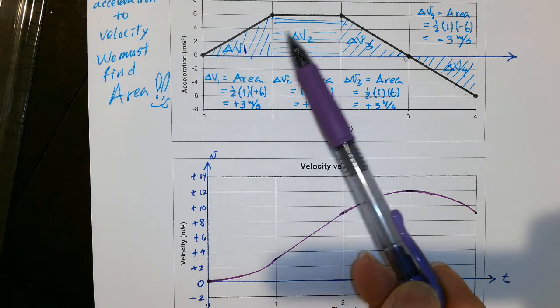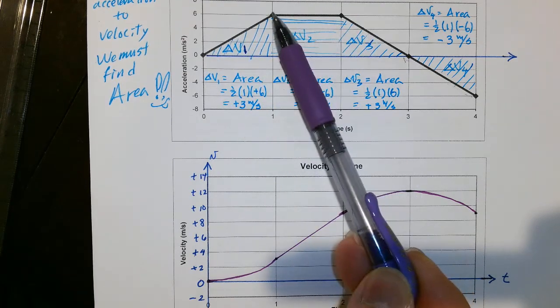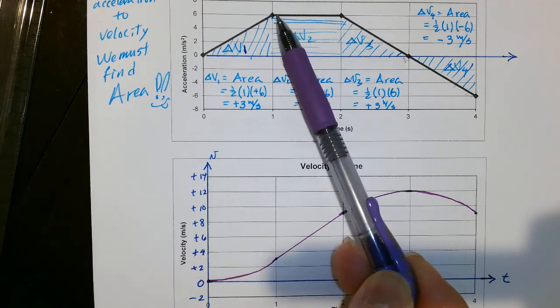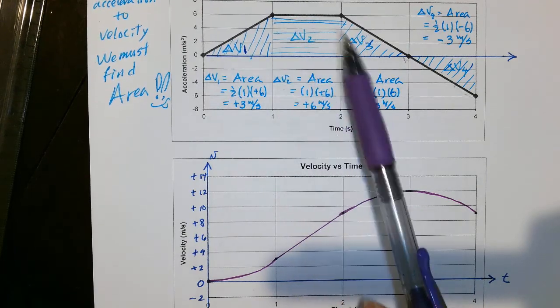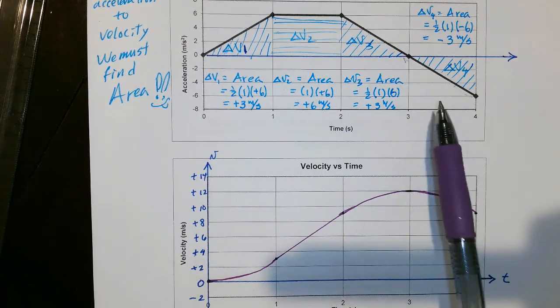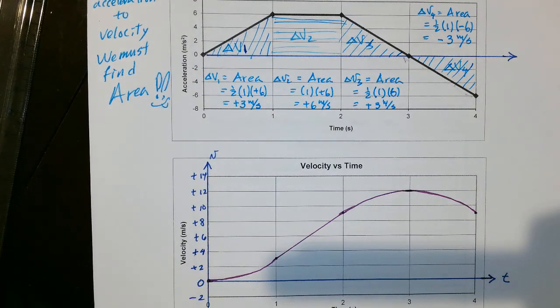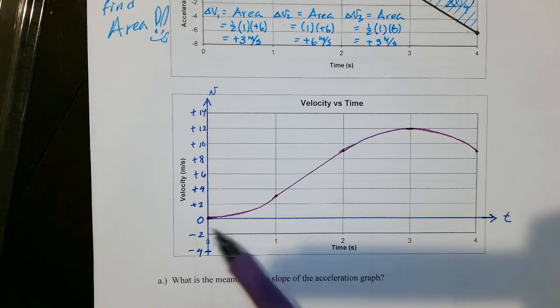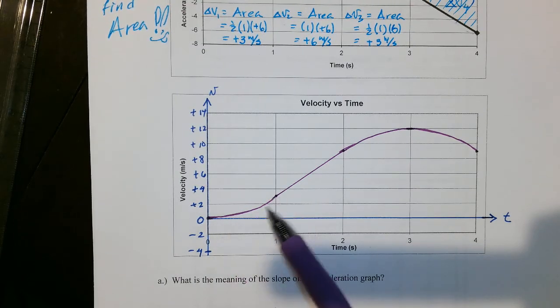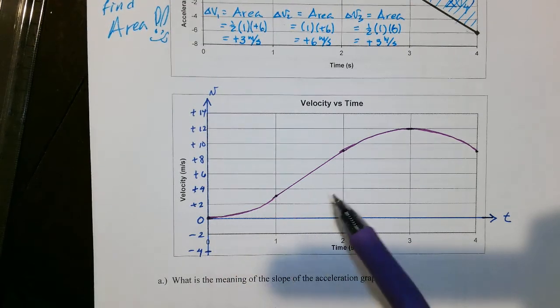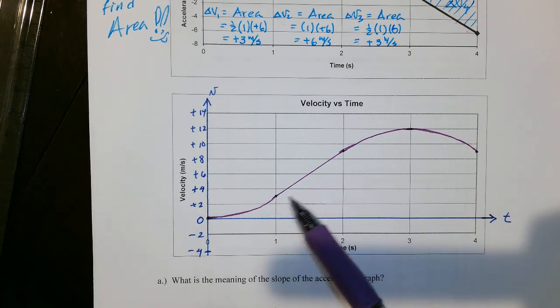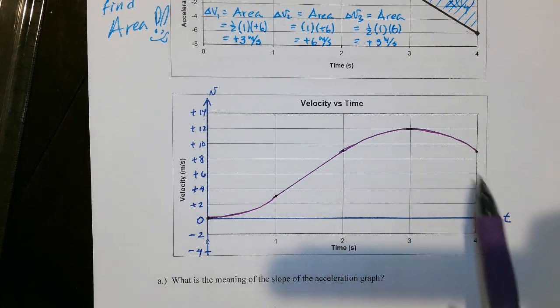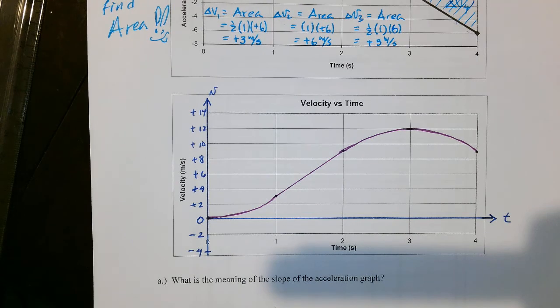This is smooth acceleration because acceleration is constant. But here, jerky motion, as well as this. That's why our velocity is going to be kind of jerky here. That's why it's curved. Here, smooth acceleration, so it's nice and straight. Jerky motion as well here.